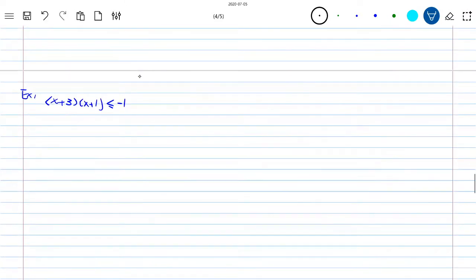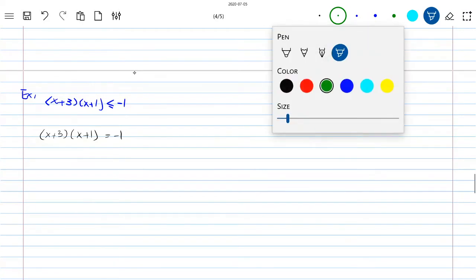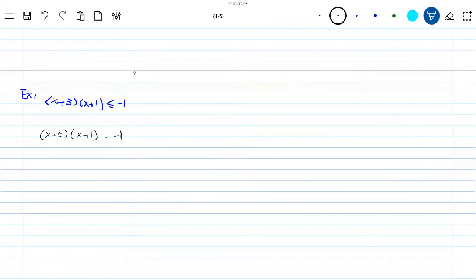Here's another example. (x + 3)(x + 1) ≤ -1. What do I do? (x + 3)(x + 1) = -1. This is your first step. How do you solve it?